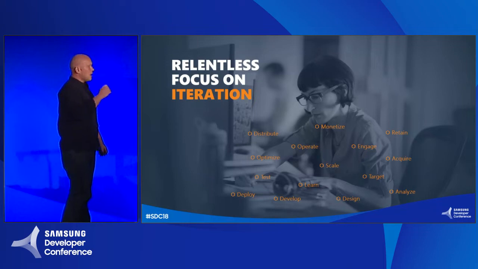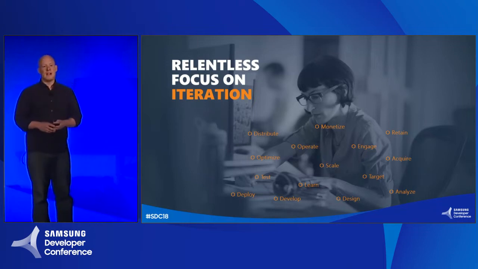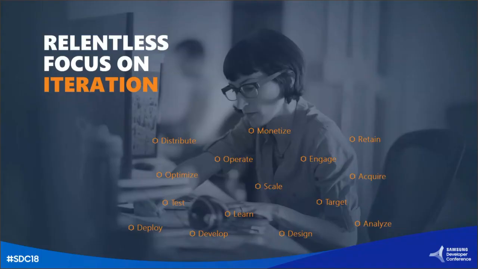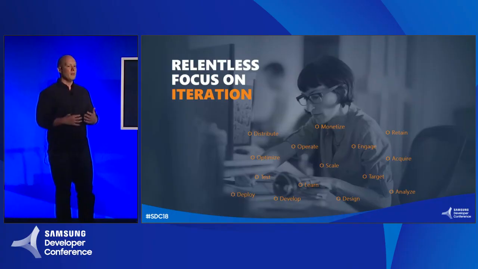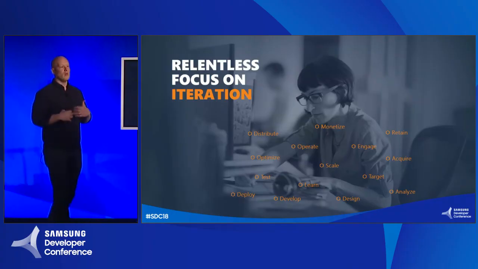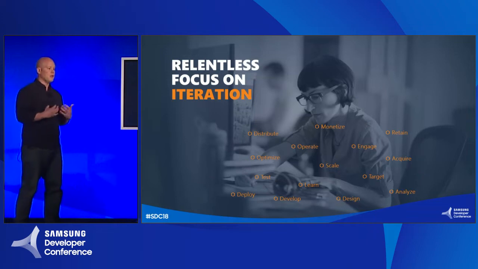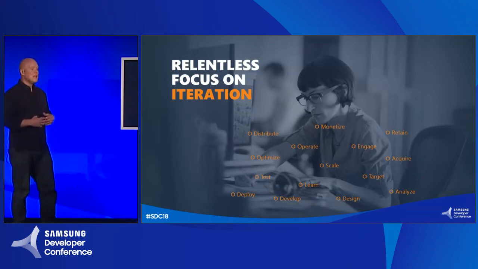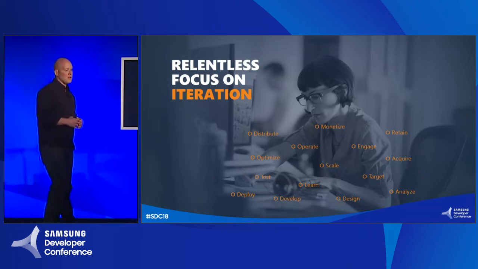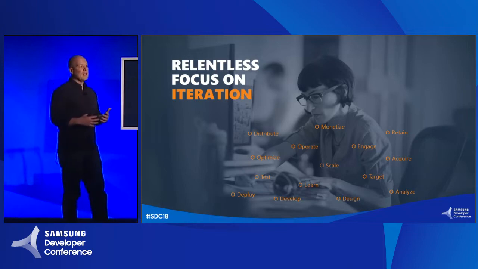When you look at what it takes to build an effective game, it is much different than what it was in the past. In the past, much like software products 10, 20 years ago, you would build them, you would distribute them, and players would play them, and then you would go back to version 2, version 3, version 4, and so on. Today, the key is that you have to quickly iterate on your game.